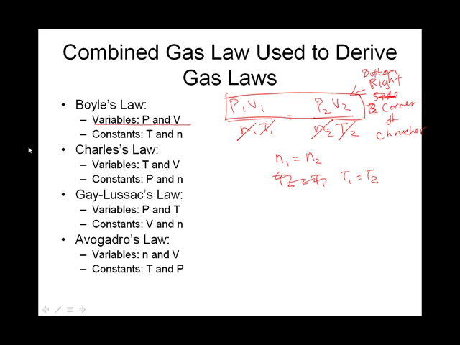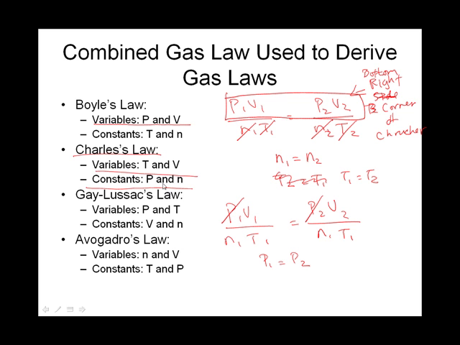Over here, here's my Charles's law, and I know that my variables are T and V, and my pressure and number of particles remain the same. So let's start out with this combined gas law once again. My P1 equals P2, so I'm multiplying by the same number on both sides, so I can take that out.